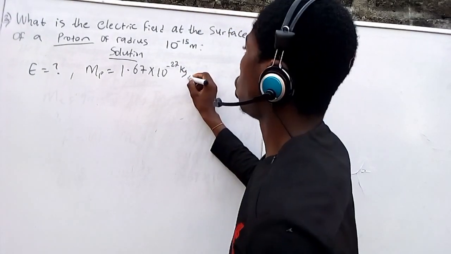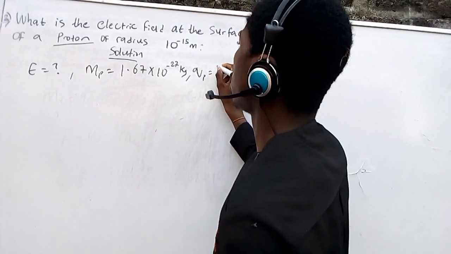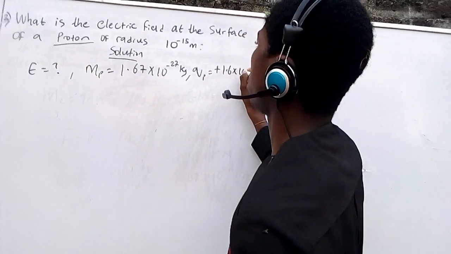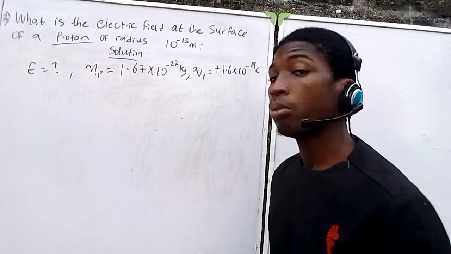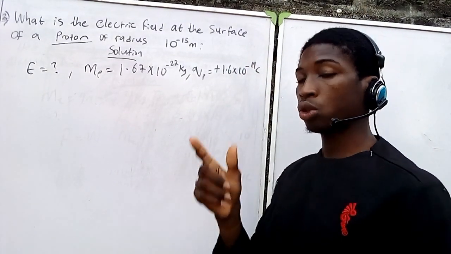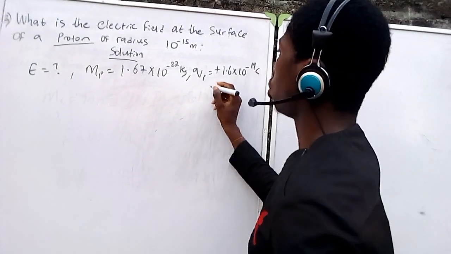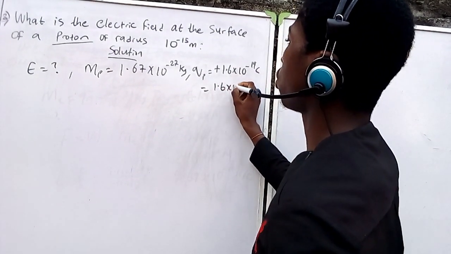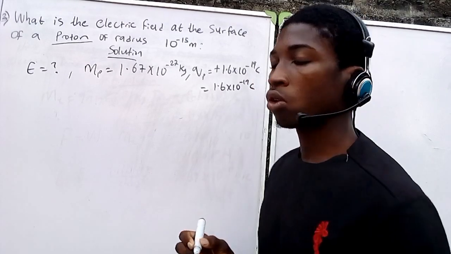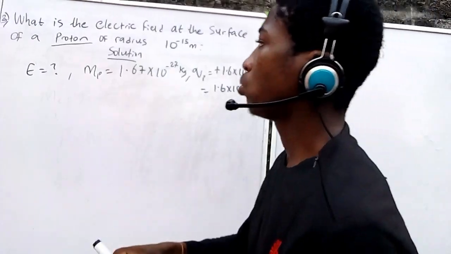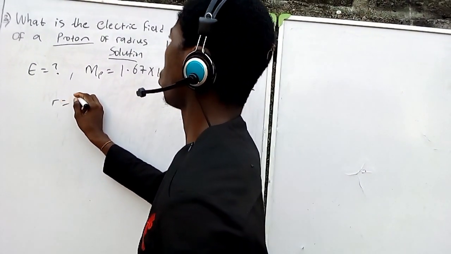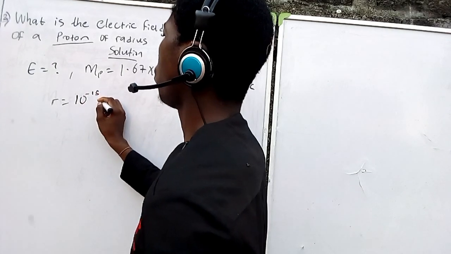The charge of a proton is positive 1.6 times 10 to the power negative 19 coulomb, to show you that the proton is more positively charged than any other particle in the atom. So this is just 1.6 times 10 to the power negative 19 coulomb. Radius R is equal to 10 to the power of negative 15 meter.